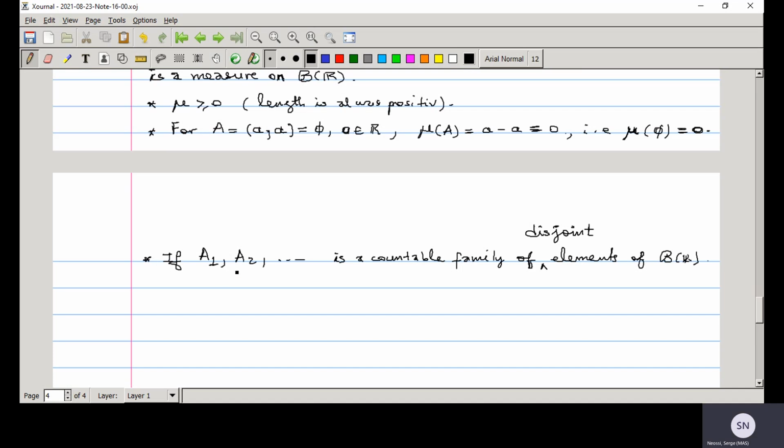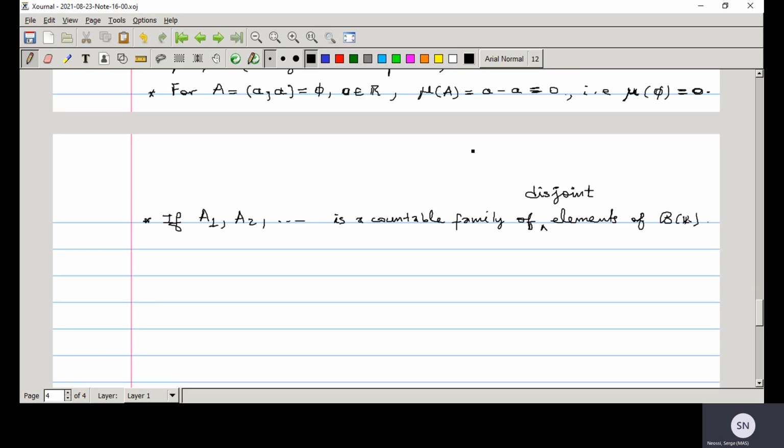Since these are intervals and they are disjoint, we can rearrange in such a way that we have an increasing, no, not increasing, we can sort them out, right? We can sort them out, meaning that we can write one before the next and so forth. So we can arrange in such a way that here we have an increasing sequence, meaning that this interval will come before that one and so forth.